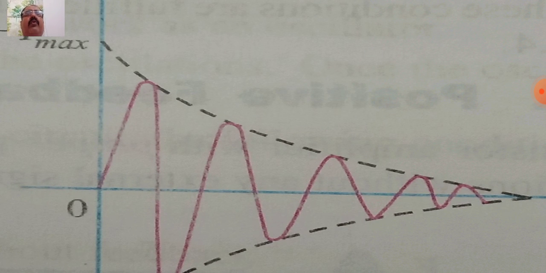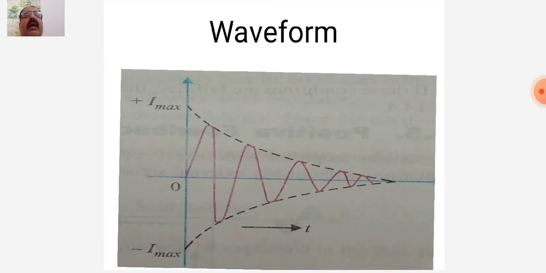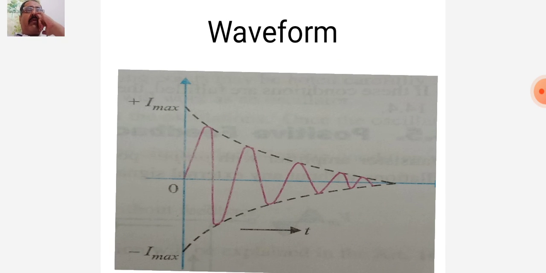So now we have to consider the next article, that is the frequency of oscillation. The frequency of oscillation in the tank circuit is determined by the constants of the circuit, L and C. The actual frequency of oscillation is the resonant frequency of the tank circuit, given by f equals 1 upon 2 pi square root of LC.